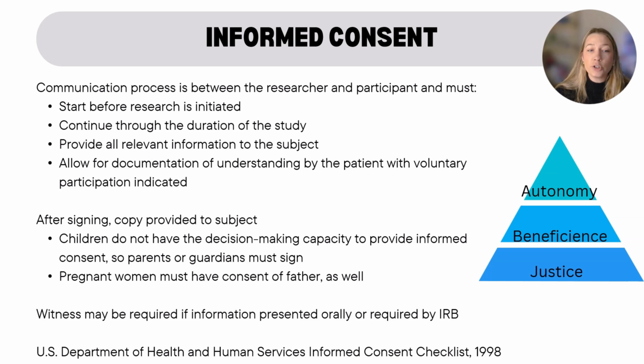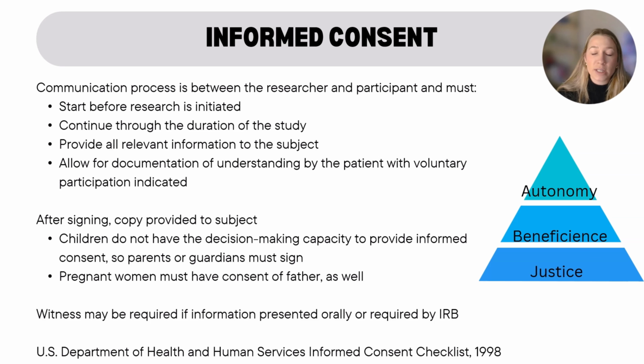Some situations do require extra steps. So if consent is given orally, a witness may be required. Children cannot legally provide consent. A parent or guardian must sign on their behalf. And in some cases, such as research involving pregnant women, the father's consent also may be needed, depending on the study and the IRB regulations.